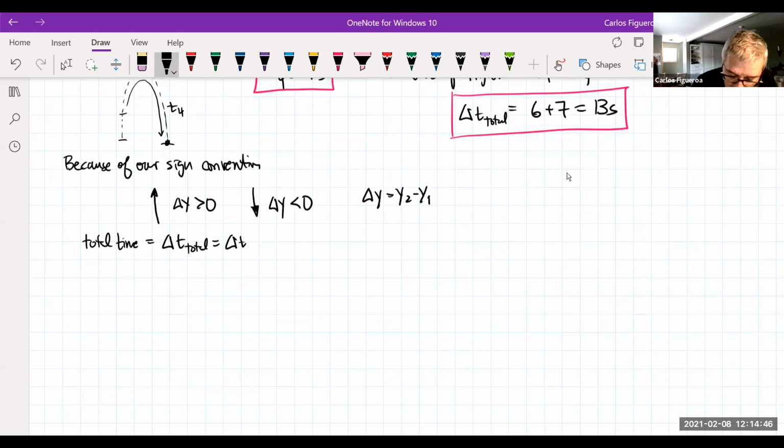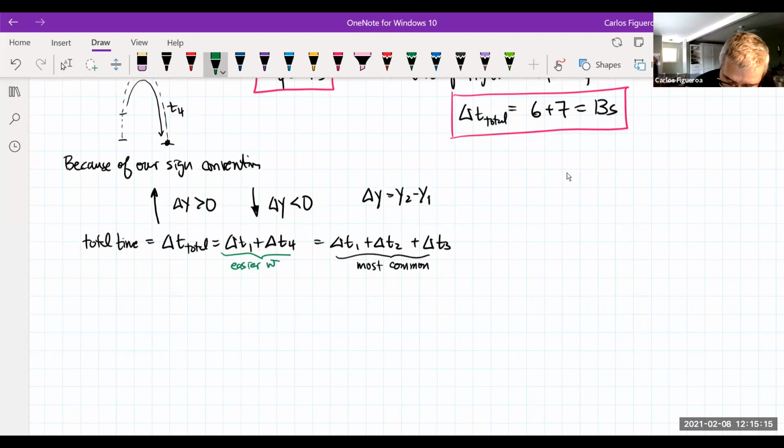What I said is you can calculate this thing two different ways. I could calculate it this way, or I could calculate it this way. And what I said here is that this was the most common, but there are many situations where this is the easier way.